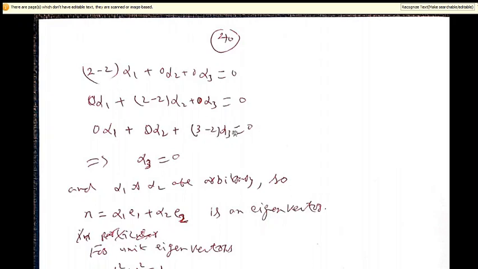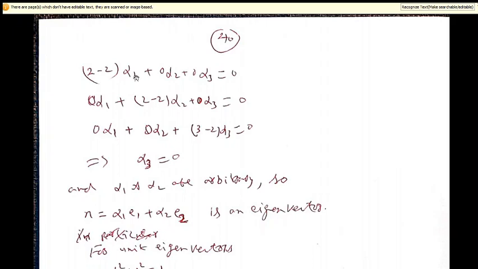Now we can see that alpha 3 is 0 from this equation, and alpha 1 and alpha 2 are arbitrary. Why are they arbitrary? Because from the first equation we have 0 times alpha 1 equals 0, and from the second we have 0 times alpha 2 equals 0. So equations 1 and 2 are satisfied with any values of alpha 1 and alpha 2 respectively.